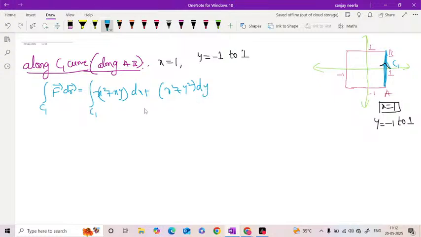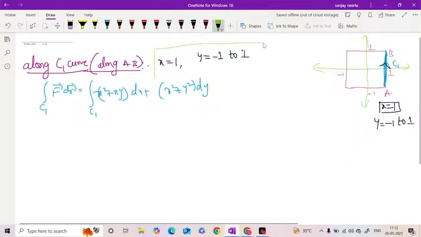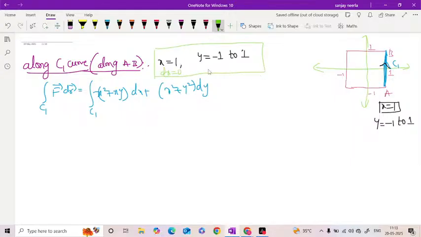Now substitute x is equal to 1, a fixed number, while y is running from minus 1 to plus 1. What is the dx value here? dx is 0. What is dy? dy is the variable.